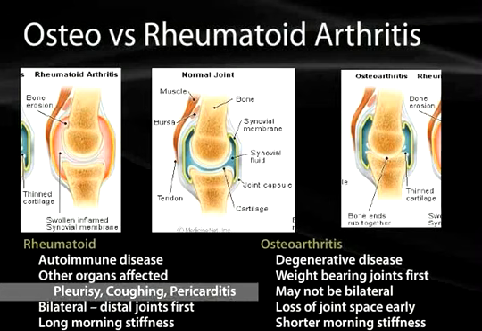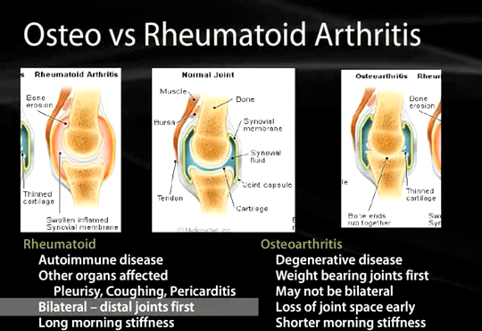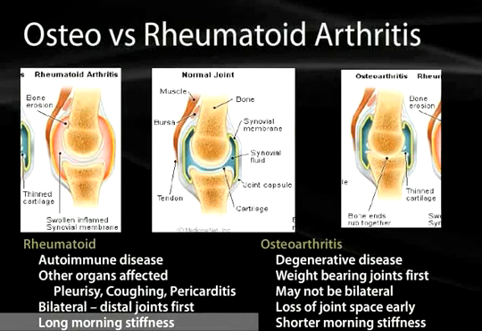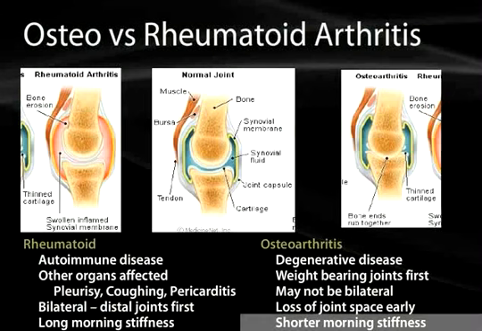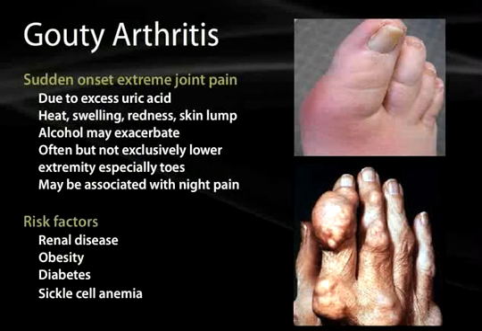So you can have pleurisy, coughing, pericarditis, generalized fatigue, and it is bilateral because it's an autoimmune disease that affects the body systemically, and it tends to be at the distal joints with long morning stiffness. Oftentimes osteoarthritics will say that they have morning stiffness, but they can often get over it if they get up and get moving slowly.